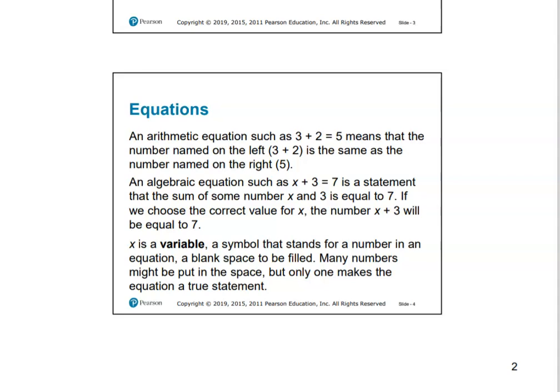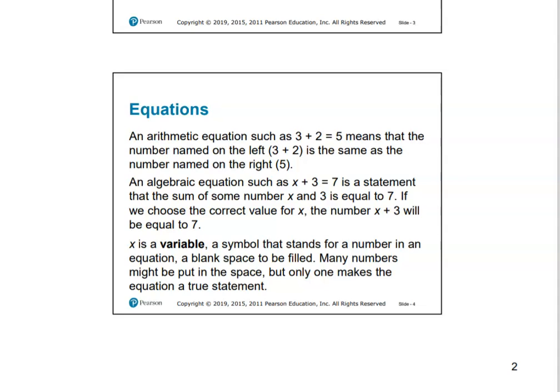When we talk about equations, an arithmetic equation such as 3 plus 2 equals 5 means that the number named on the left, 3 plus 2, is exactly the same as the number named on the right, 5. An algebraic equation such as x plus 3 is equal to 7 is a statement that the sum of some number x and 3 is equal to 7.